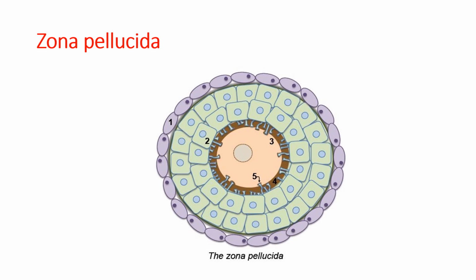This sheath-like structure is formed by amorphous glycoprotein material, which is called the zona pellucida. Many microvilli appear in the zona pellucida, and because of these microvilli it conveys nutrition to the primary oocyte.